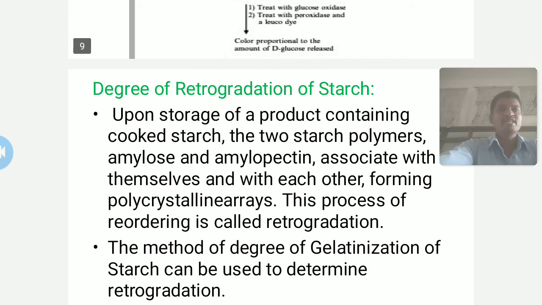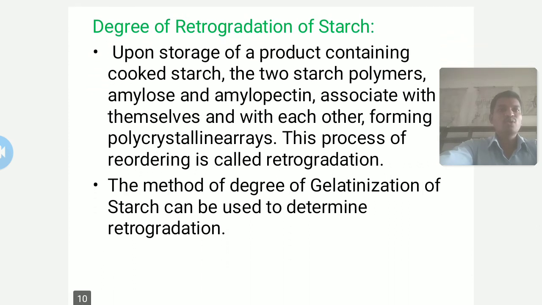The next point is degree of retrogradation of starch. So upon storage of a product containing cooked starch, the two starch polymers, amylose and amylopectin, associate with themselves and with each other, forming polycrystalline arrays.